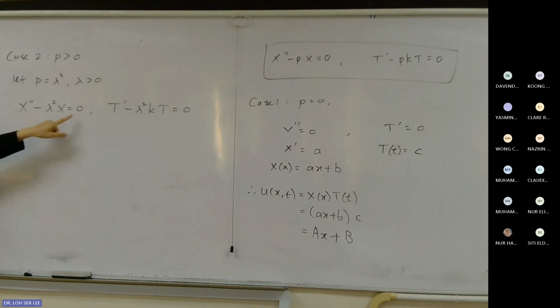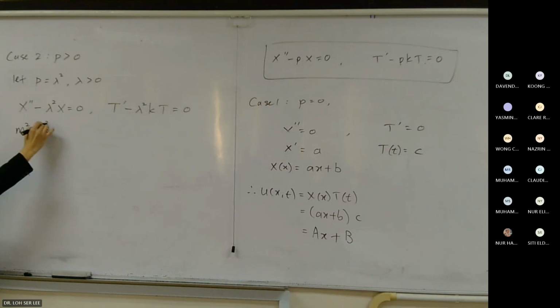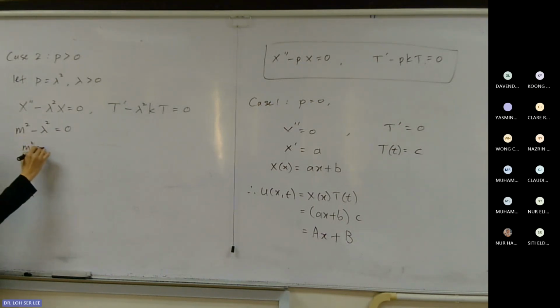So the characteristic equation is m squared minus lambda squared equals to 0, because you have no x prime. The x prime would give you the m. So m squared equals to lambda squared, that means your m is plus minus lambda.